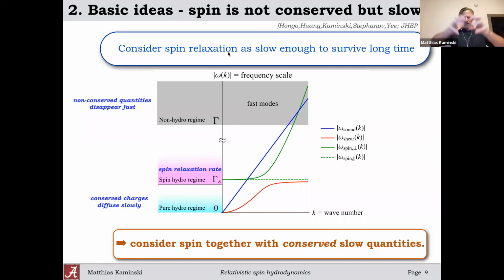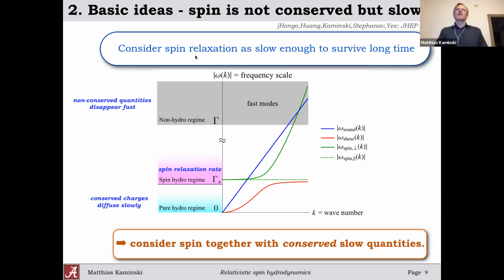Let's say I have a bunch of spins pointing in a certain region of a material, or in a quark-gluon plasma, a bunch of quarks that point in one direction. So I have a polarized region, let's say positively polarized. It can instantly disappear by transforming that spin angular momentum into orbital angular momentum. That's something new, something we usually don't consider in hydrodynamics, because these modes are fast and decay quickly.